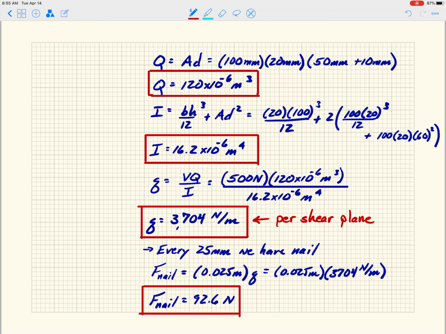So let's take a second here and talk about what would happen to this cross section or a similar cross section if we do not have those connections. So hopefully what you see is the role of these nails, right?